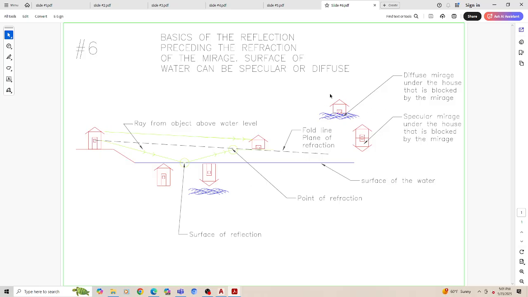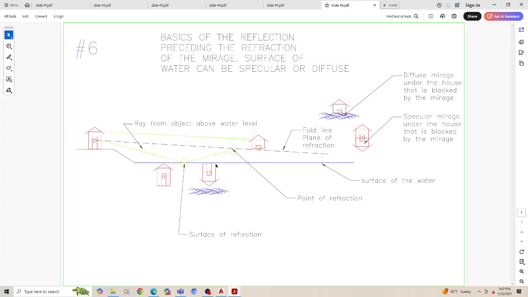You can now see the upper portion of the house with the diffuse reflection off of the surface of the water that was reorientated through refraction. It is no longer just heading up above the observer. It is at this point redirected on the same path as what is coming from the house.